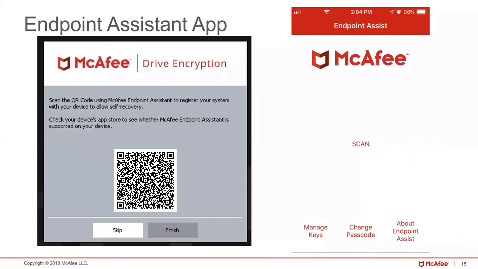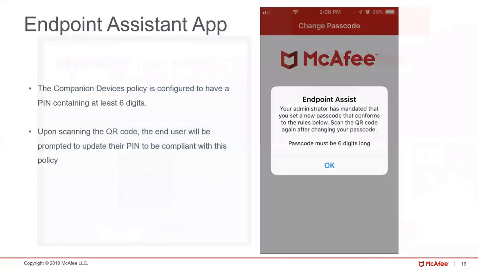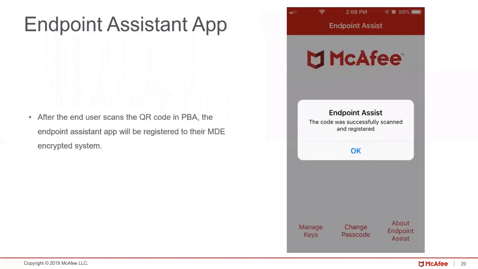Once the code is successfully scanned, then it will adhere to the policy as noted here. It'll indicate the administrator has set a more stringent requirement and they'll have to update it. After the code has been scanned and the authentication has been set, it will then be registered and be available to use for the recovery.